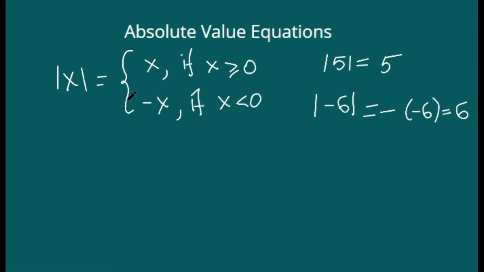Now let's solve some absolute value equations. Let's do the simplest one. For instance, the absolute value of 2x plus 1 equals 5. We are looking for the x for which this expression will be true.